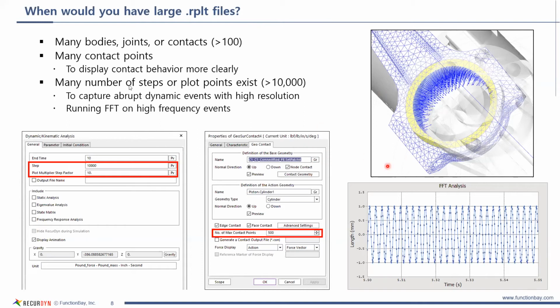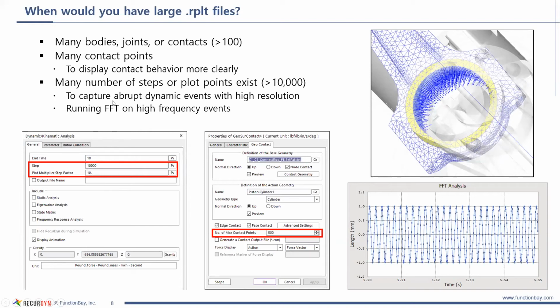Large RPLT files can also occur if you have a lot of steps or plot points, and that occurs when these parameters here are set to high values. For example, if you have a lot of steps defined, or if you have a large plot multiplier step factor.